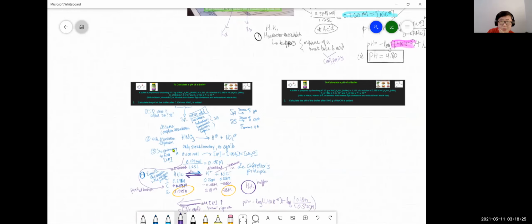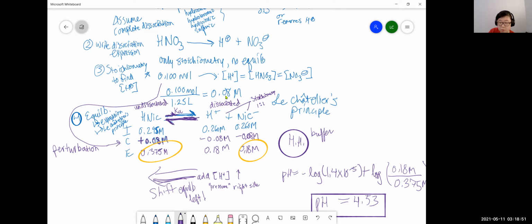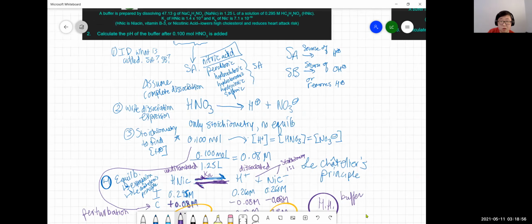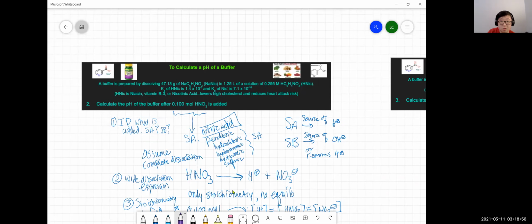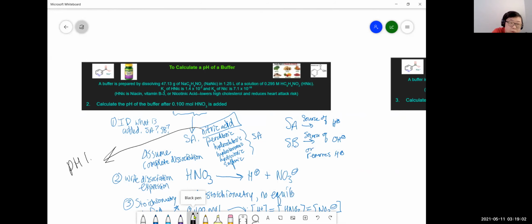And you can calculate the pH of HNO3, like you could calculate the pH of this guy. That's negative log of the number of protons you have, which is 0.08. That's like a pH of 1. So this strong acid, nitric acid, had a pH of like 1.010 or something. That's very strong.